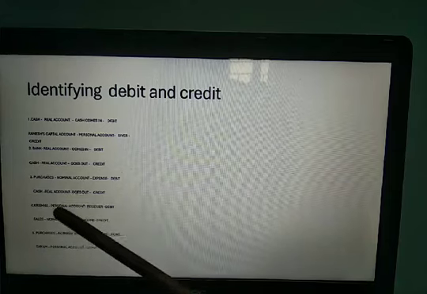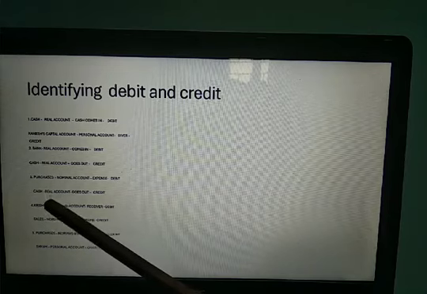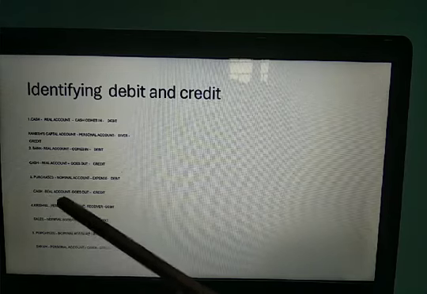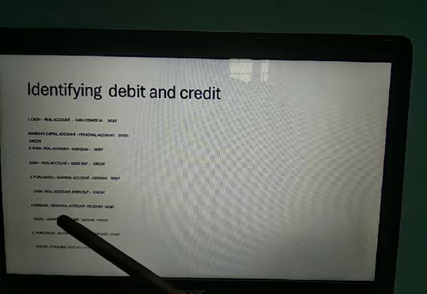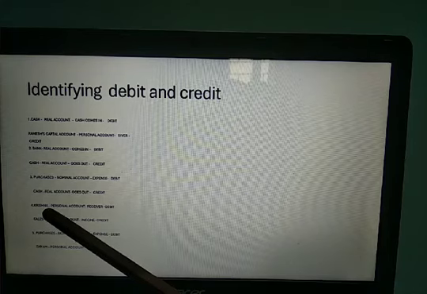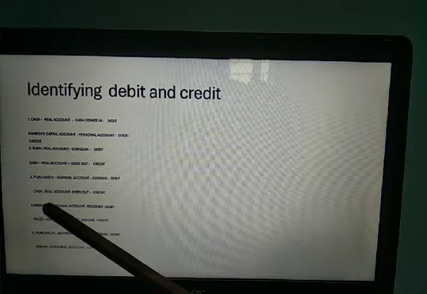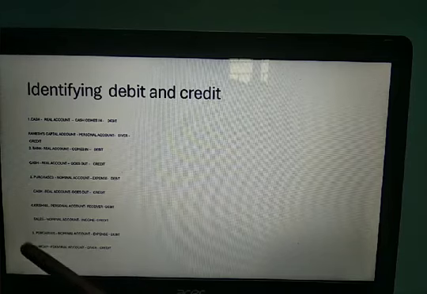Whenever there are credit sales, the individual's name will be there, and cash will come in subsequent stages. Suppose initially you are selling or purchasing on credit, then the individual's or the firm's name will be in your account. So here Krishna account is debit and sales is credit. You understand that?